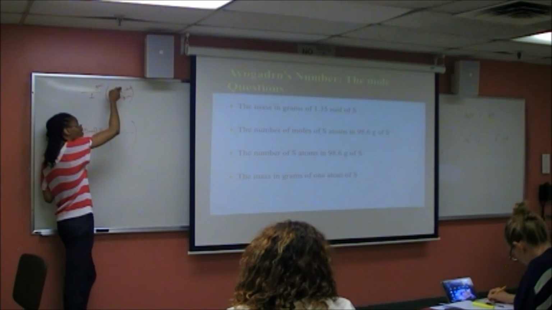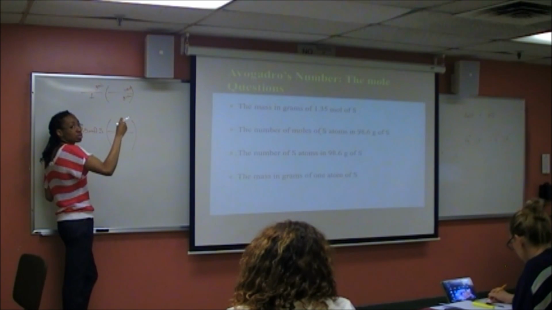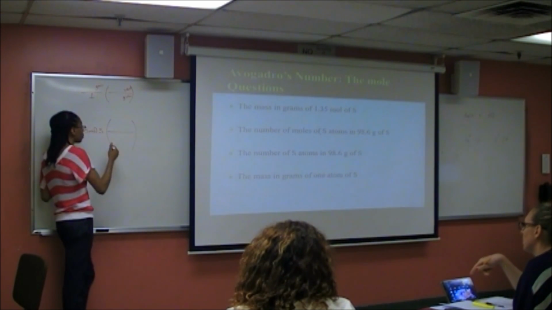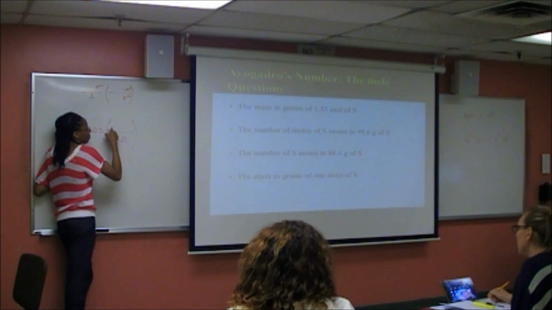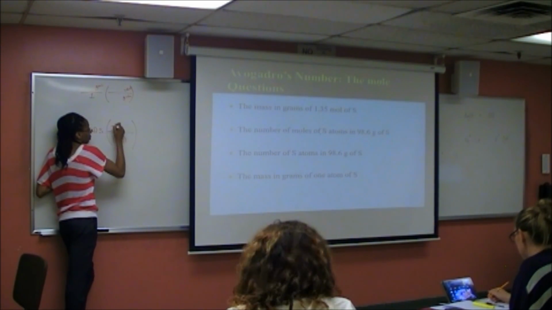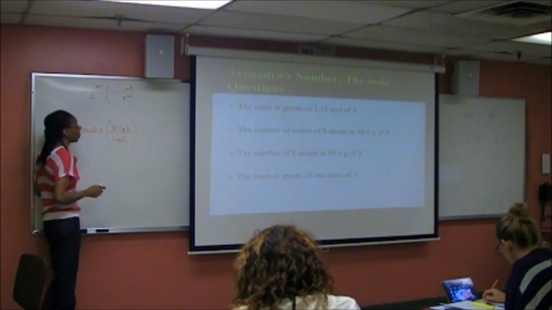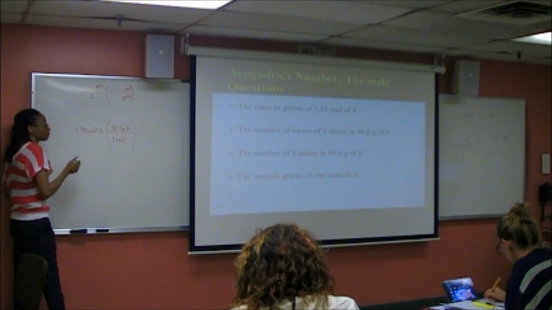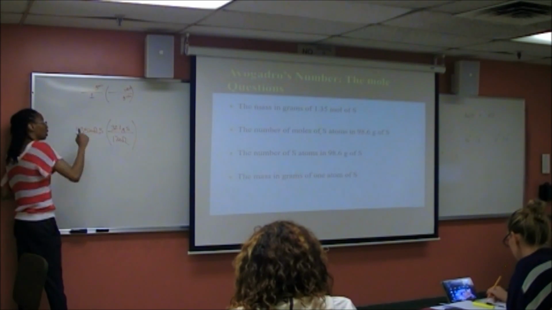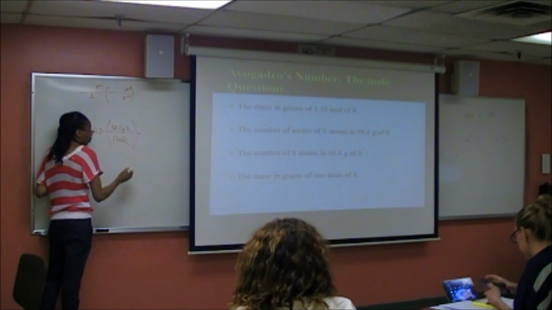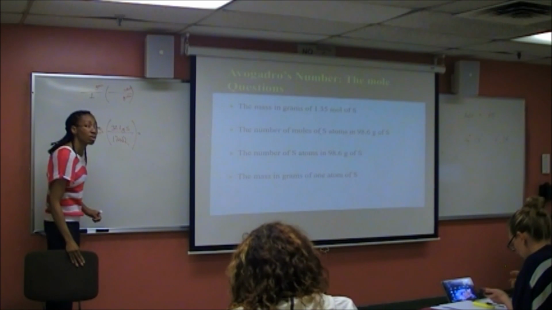Which is the unit that we want? Grams. So what is attached to the grams? One mole at the bottom. How many grams? Put 32.1 grams. What do you do next? Multiply across the mole, cross it out, then divide by the bottom. What do we get? 43.335.